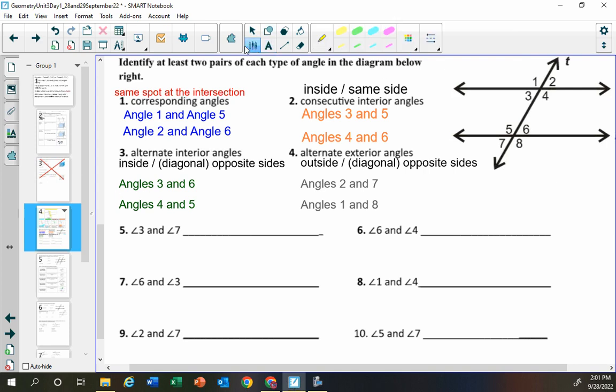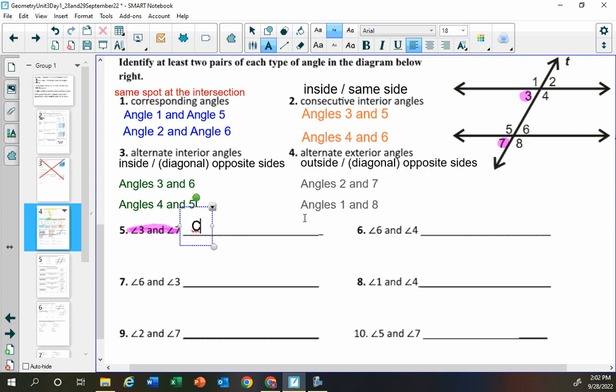All right, we're going to first look at angles 3 and 7. So here's 3. Here's 7. What type of relationship do angles 3 and 7 have? Corresponding. That's what I thought.